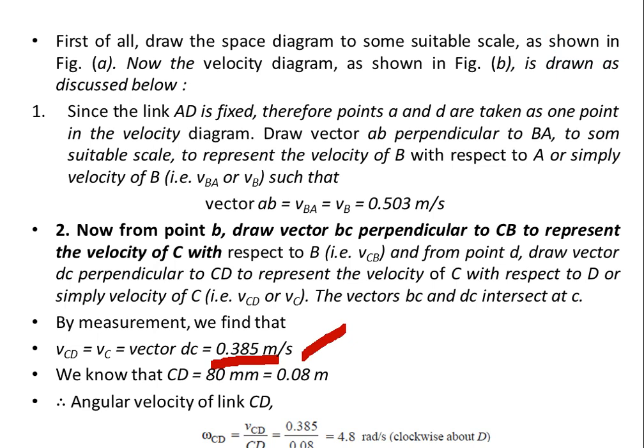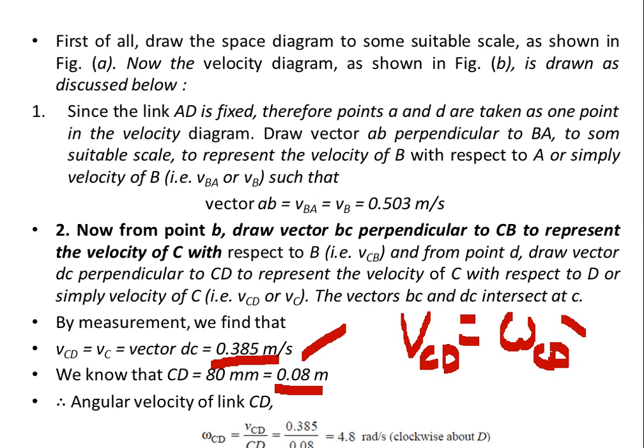Next, you know that the length of CD is already given to you, 80 mm, that is nothing but 0.08 meters. Therefore, angular velocity of link CD. So you know that linear velocity is nothing but angular velocity multiplied by the length of the link.